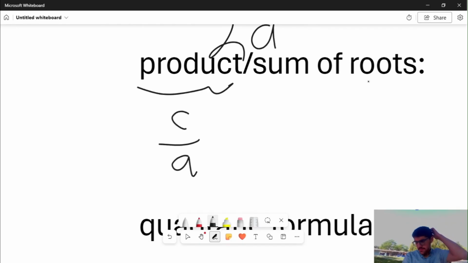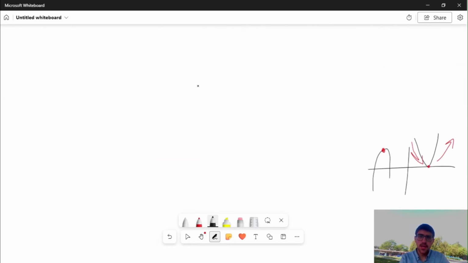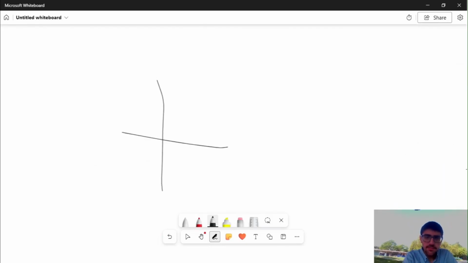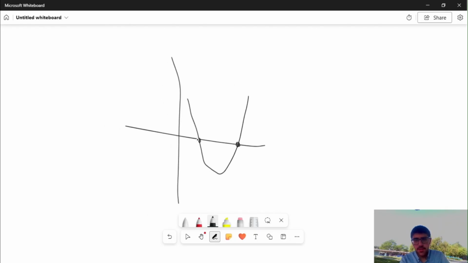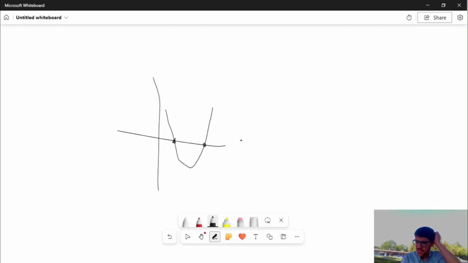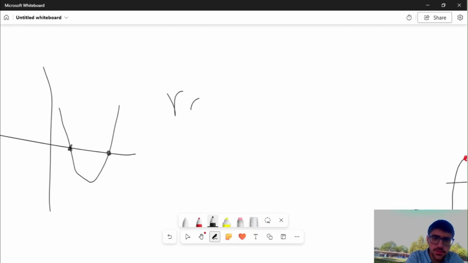Oh, wait, sorry. Just in case you guys don't know, what are the roots? Let me just take a moment to explain this. Basically, when you have the quadratic graph, it's going to most of the time, or sometimes, intercept the x-axis. So these are points where y is equal to 0. These points are very important, and they have different names, and there are actually 4 of them that I think show up on the SAT and in algebra in general. So what are those? There's roots, like I just showed with the product slash sum of roots.